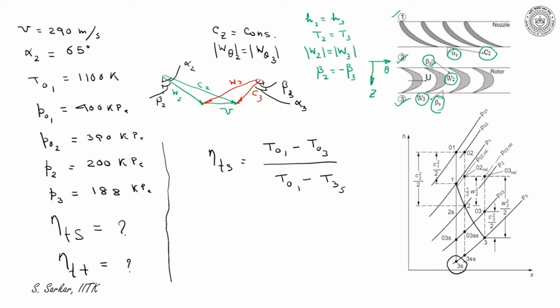And eta total to total is equal to T01 minus T03 divided by T01 minus T03s. That is, it is defined with respect to the isentropic condition at exit.